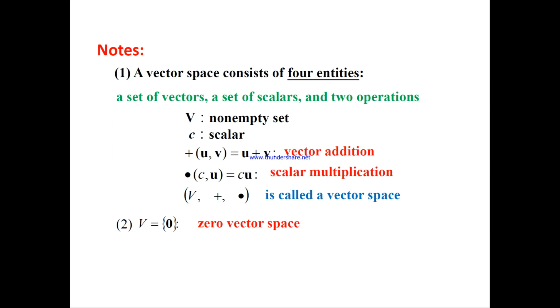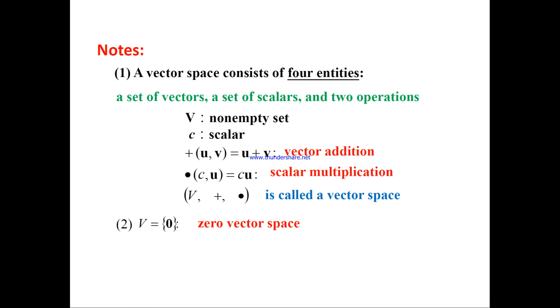So this is a small note. A vector space will always have 4 entities: a set of vectors, a set of scalars, and then 2 operations performed on that particular vectors. What is that? One is the addition, the other one is the multiplication. Here plus symbol says the vector addition, whereas dot symbol says the scalar multiplication.